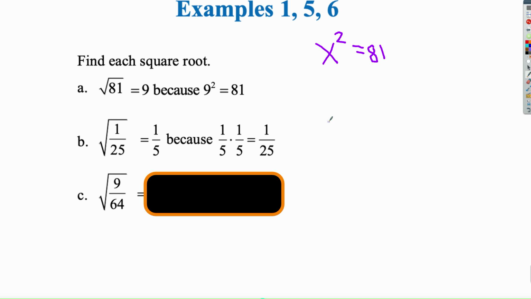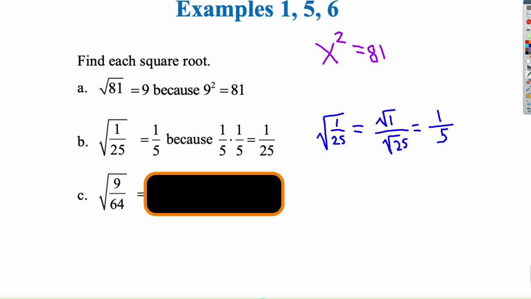The way that I prefer to think about it is since both the 1 and the 25 are under the radical, so this symbol here is called a radical, I can rewrite that, giving both the numerator and the denominator their own radical. So I can write it this way, or maybe picture it this way in my head. And now I can see, oh, well, the square root of 1 is 1, and the square root of 25 is 5.